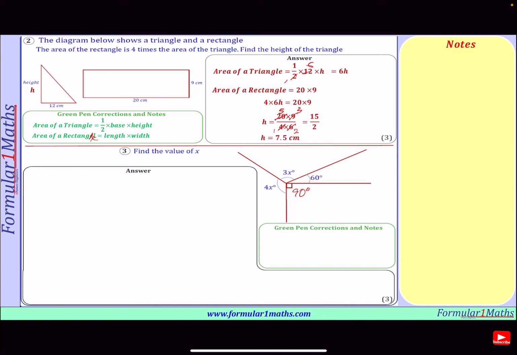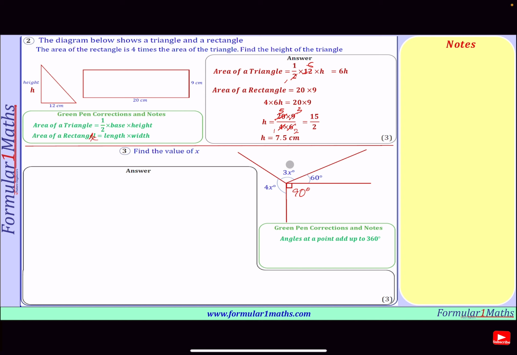Now we can solve by considering the angle principle, which says that angles at a point add up to 360. So all these angles around this point add up to 360.